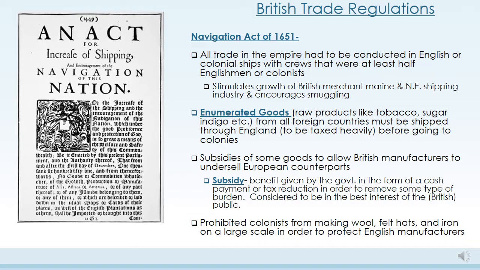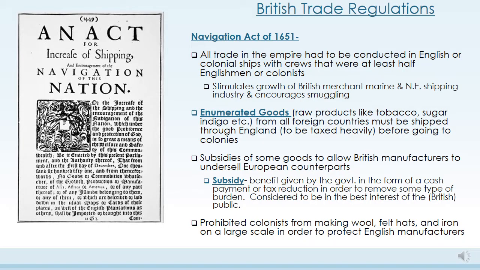Instead, these foreign countries had to go to England first, and once they reached the British ports, the British would actually tax them, and so after leaving those ports, they would have to hike up the prices on their goods in order to make their money back. And so it really would influence the colonists to not purchase items that weren't made in England. So the whole point of this enumerated goods list was to make sure that the colonists were buying British.